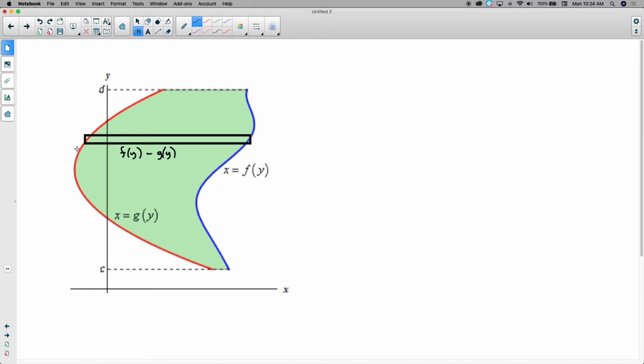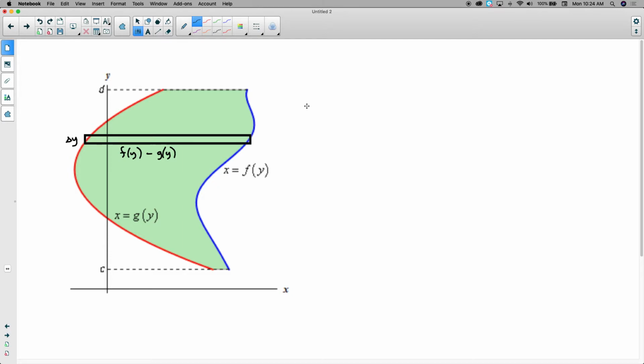Okay, so input y, output x, as is laid out in the description of the functions. Okay, so delta y this time, that's the change in the y direction, and the length of the strip is the larger value minus the smaller value, which is blue minus red everywhere from C to D.